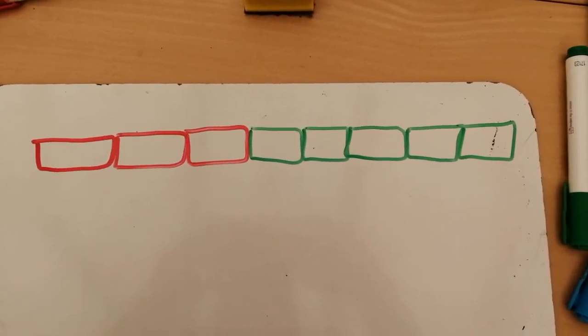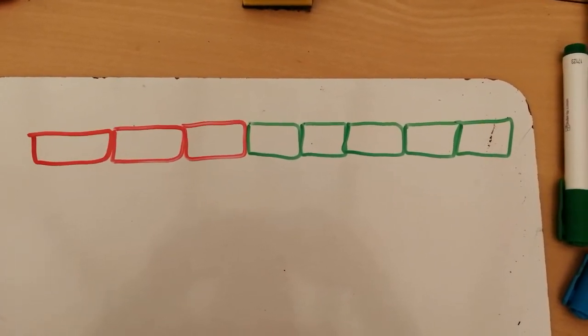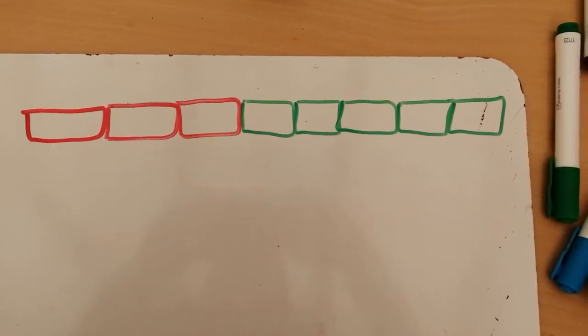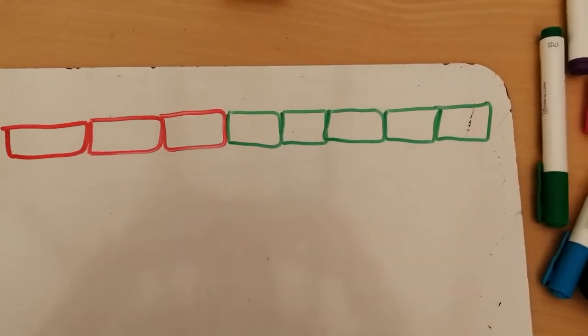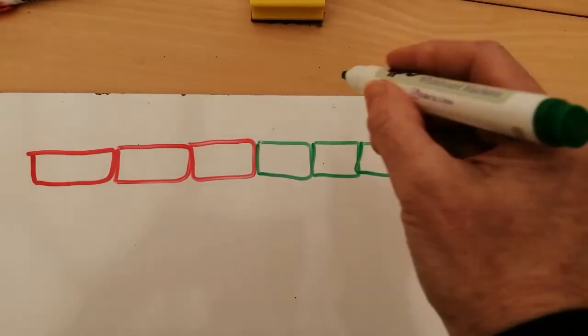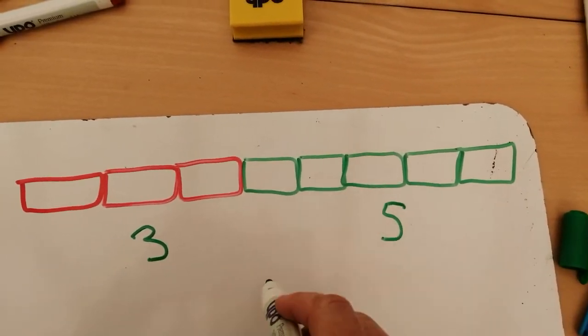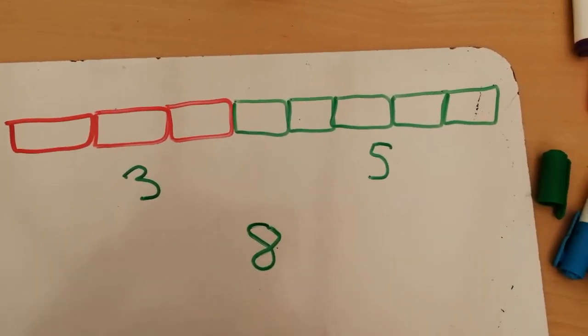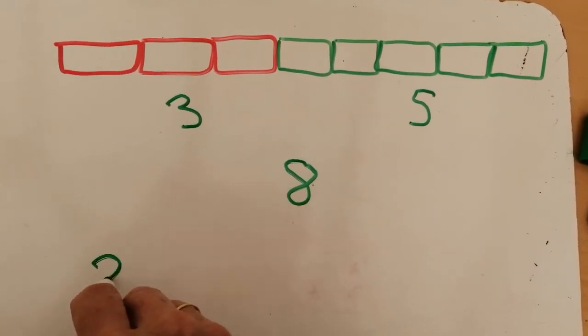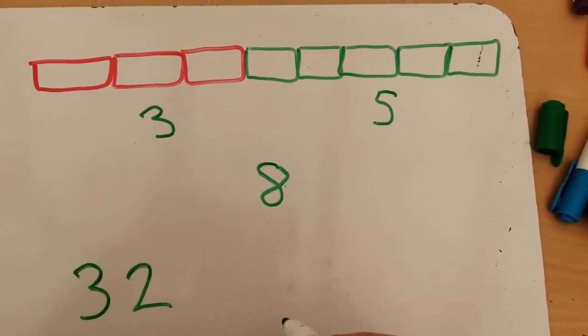So you need to consider in total, in that one pattern, how many sweets are there? Well, there are 3 plus 5. So in total, there are 8 in that pattern. And we know that she has 32 in the whole packet.